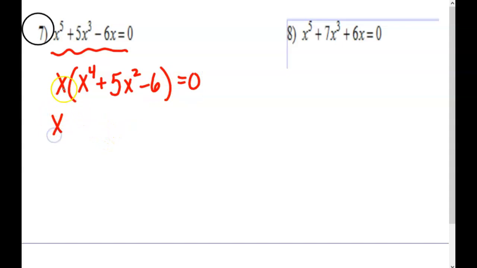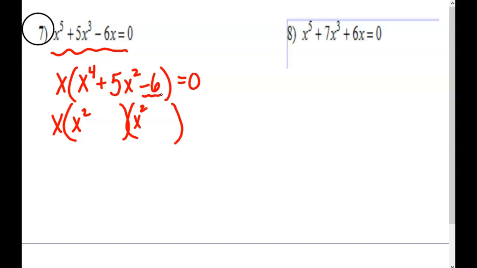Then we just learned, don't lose that x out front, but we just learned today that when there's an x to the 4th and an x squared, we can factor that x to the 4th as x squared times x squared. Now we got to be a little bit careful because 2 and 3 and 6 and 1 both make 5, right? But we need the signs to be the same or different to get a negative 6.